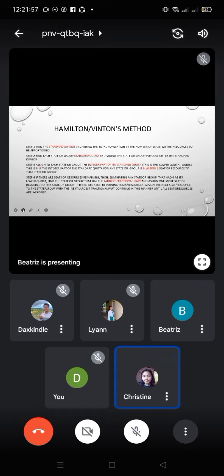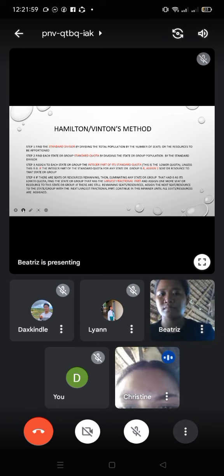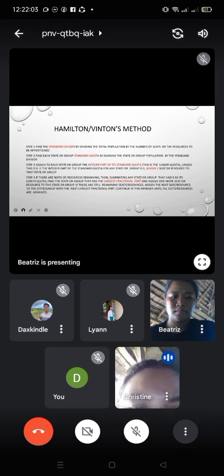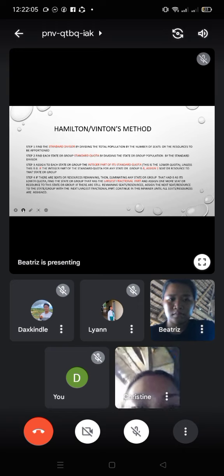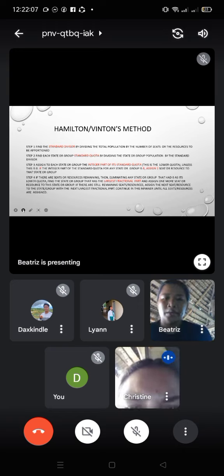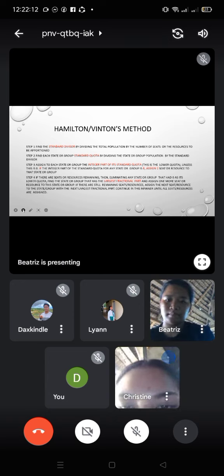Assign to each state or group the integer part of each standard quota. This is the lower quota, unless this is 0. If the integer part of the standard quota for any state or group is 0, assign one seat or resource to that state or group. Step 4.